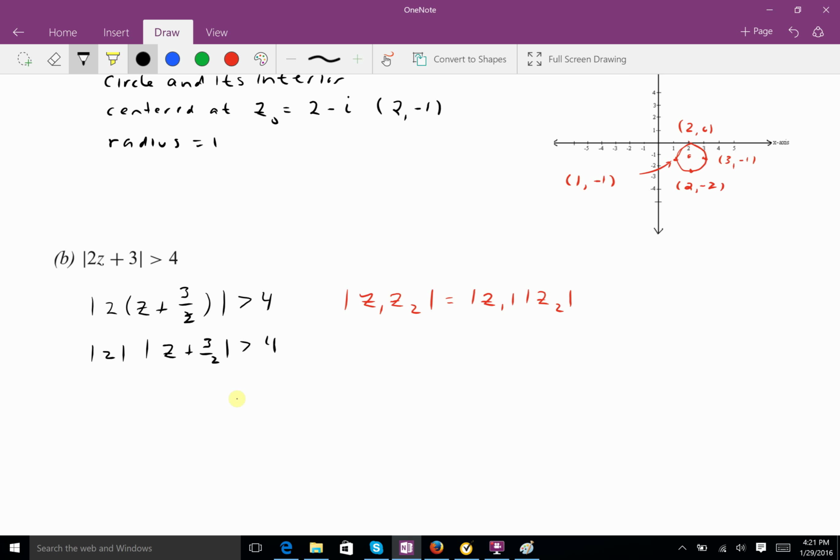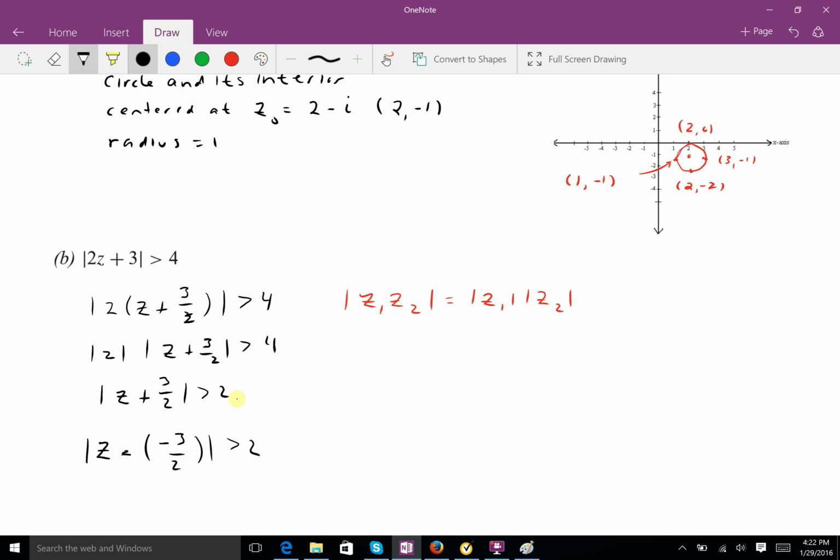Of course, the absolute value of 2 is 2, and I can divide on both sides. And I'm going to get this. And finally, I'm going to write this in our standard form. I'm going to say |z - (-3/2)| is greater than 2.